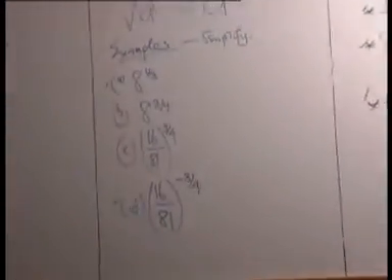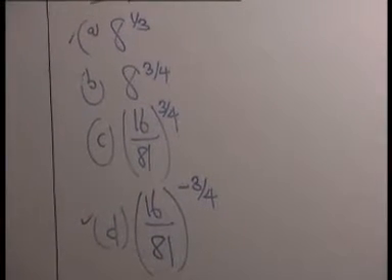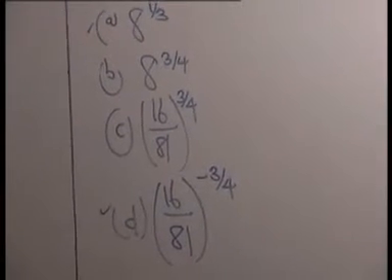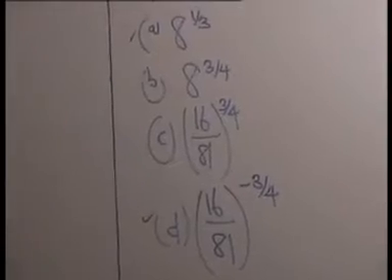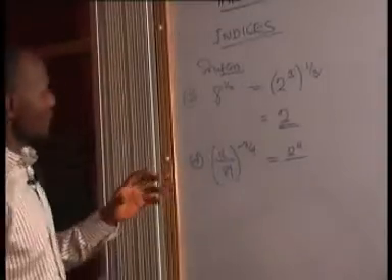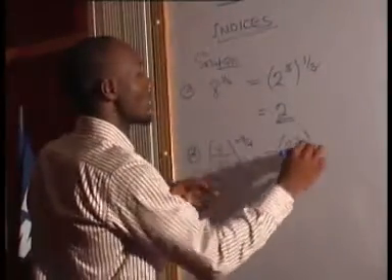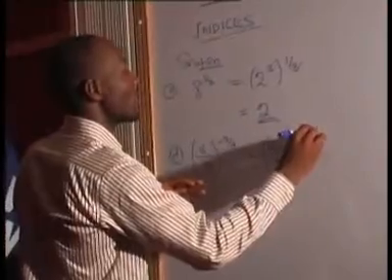Then example D. We have 16 over 81 raised to power minus 3 over 4. 16 is 2 raised to power 4, hope you know. Yes. Then 81 is 3 raised to power 4. Hope I'm still correct. Then you have minus 3 over 4.